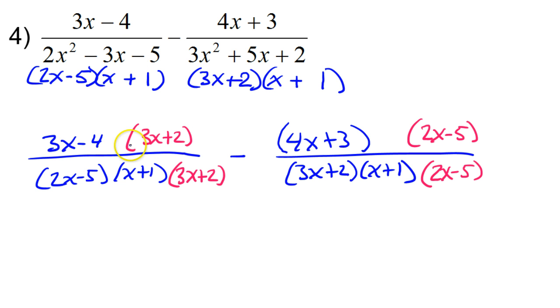And again, now that I've put something else in the numerator, I should put parentheses around the 3x plus 4. So I need to double distribute this and this to see what we actually have. I'm going to try to squeeze it in right here.